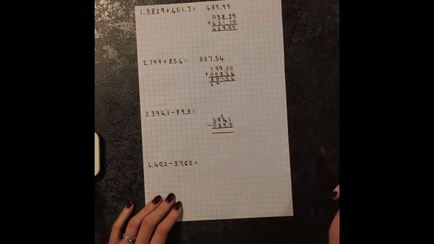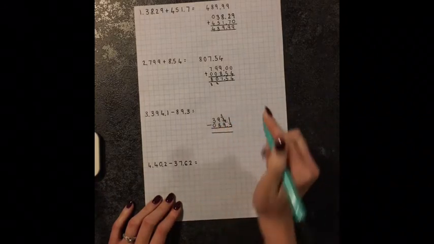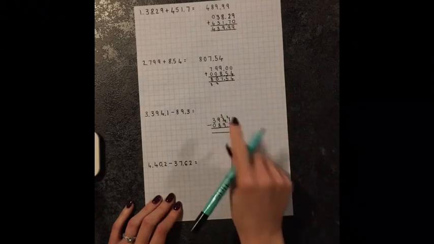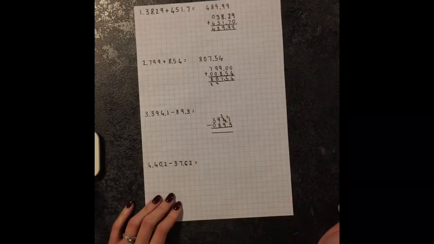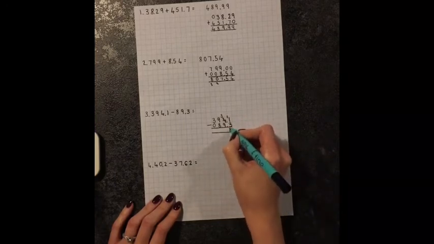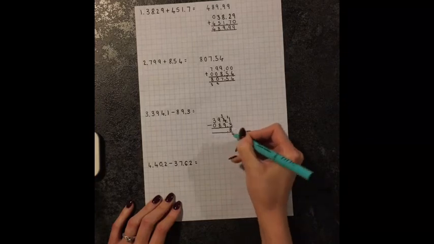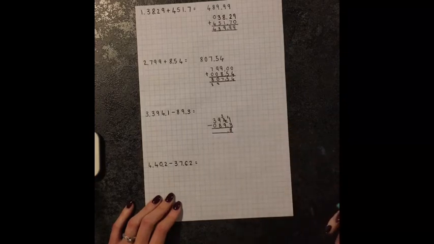Taking 1 away from 4 will leave 3 and add 1 in the tenths column. 11 minus 3, 8. Put my decimal point here.